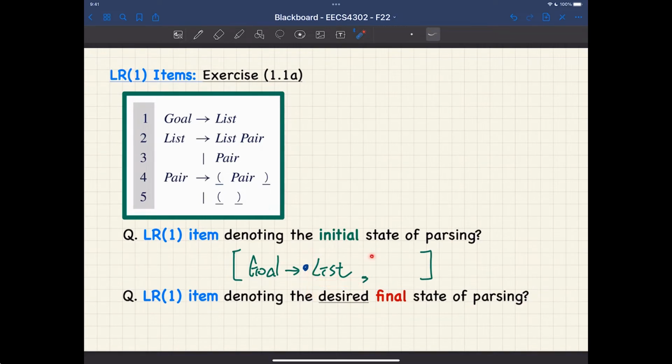And what about this part here? By definition, this part over here should be the follow set of the variable that we want to reduce into. So this should be a member of the follow of this goal.